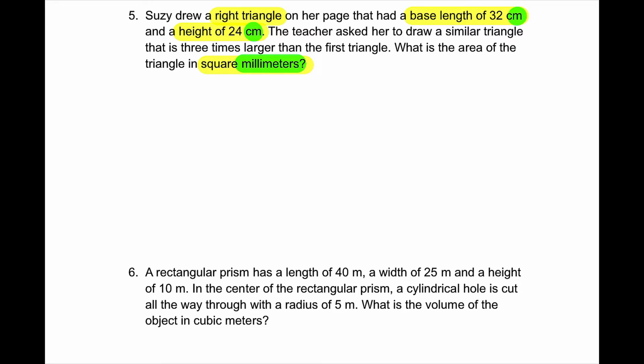Okay, so let's start off with a triangle to begin with. It's a 90-degree right triangle. The base is 32 centimeters and the height is 24 centimeters. And it says we're going to have a new triangle that is 3 times larger.